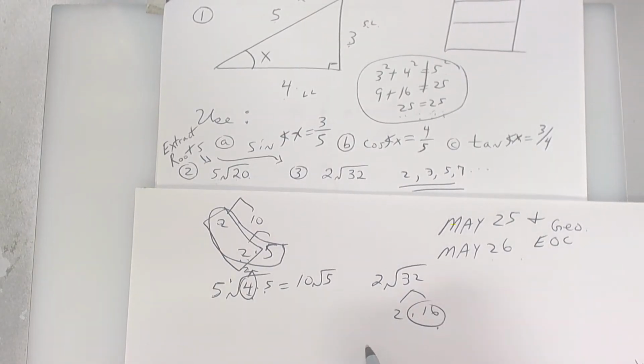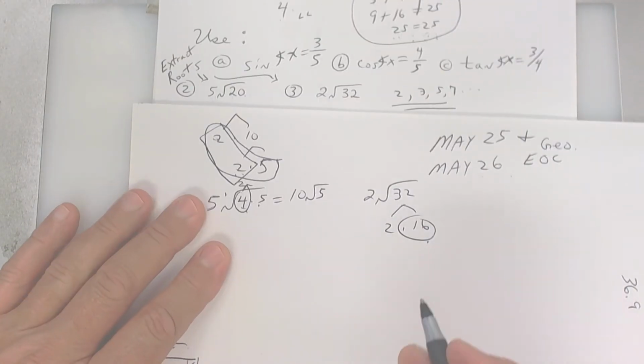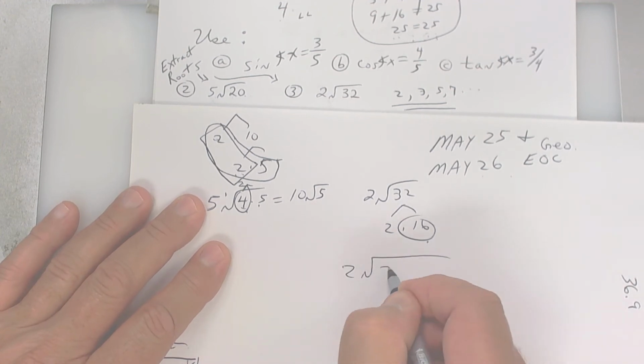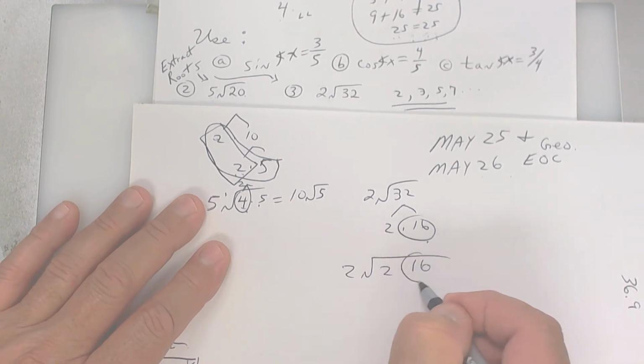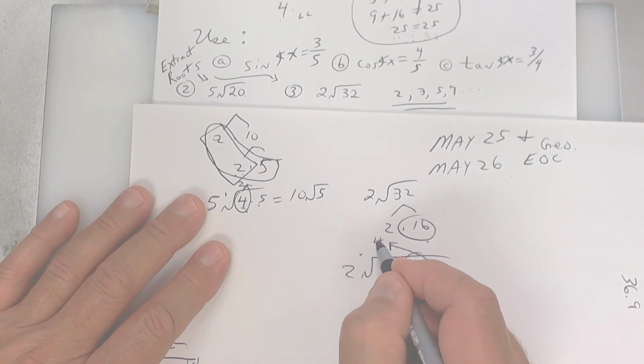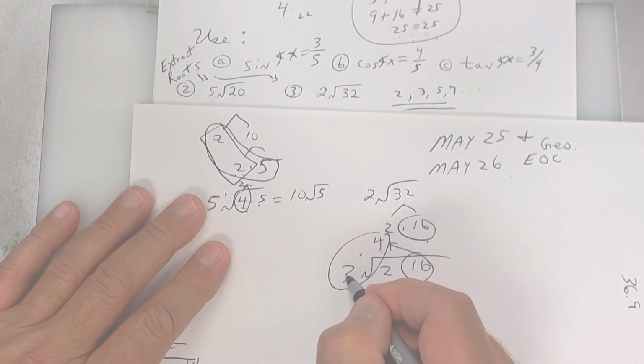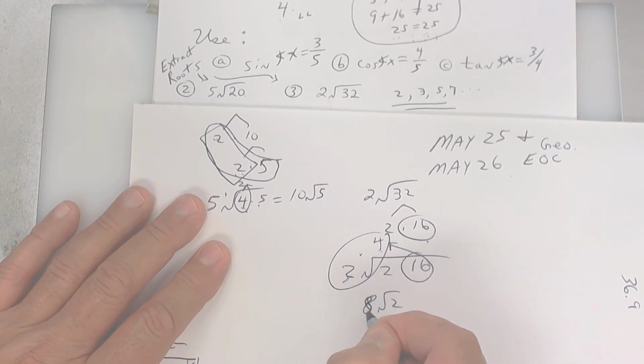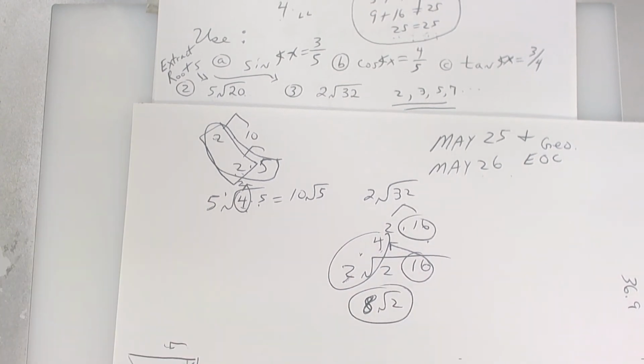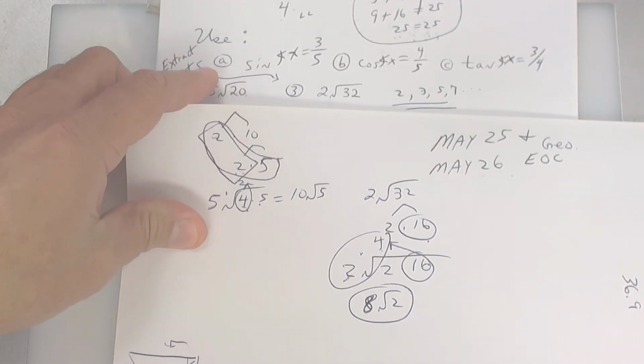So I'm going to rewrite this as 2, and I'm going to slide this up so you can see it, 2 square root of 2 times 16. But the square root of 16 is 4. 4 times 2, you've got to multiply these. So it's going to be 8 square root of 2, and that's how you do it on the EOC. Make sure you know how to do that, because the honors kids know how to do that, and I want you to be able to compete with them.